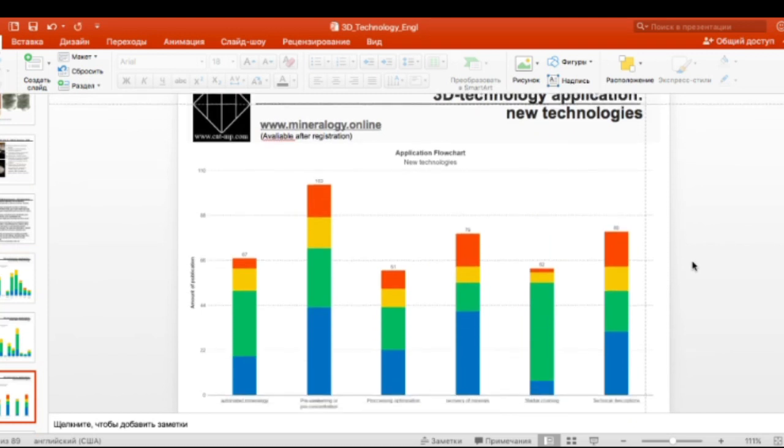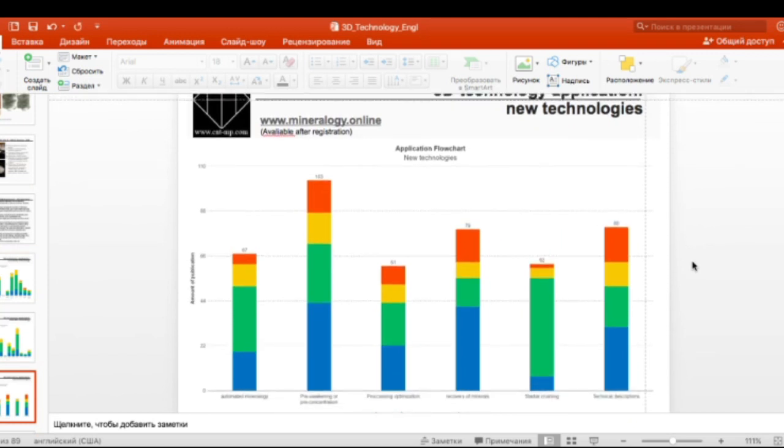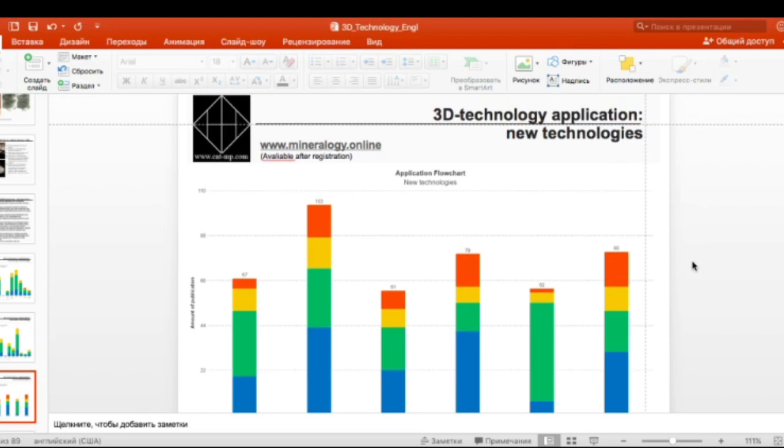And as I said, in the end of our course, we would want whoever wants to get the certificate of our company that proves that you were trained, to make an essay in one of these areas, whoever wants to choose which area, of application of electric pulse disaggregation and equipment, or different applications in mineralogy or mineral processing.